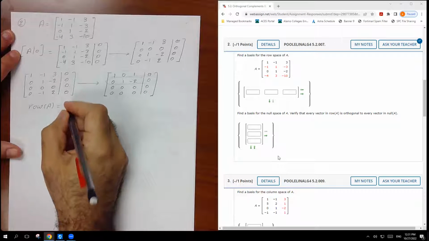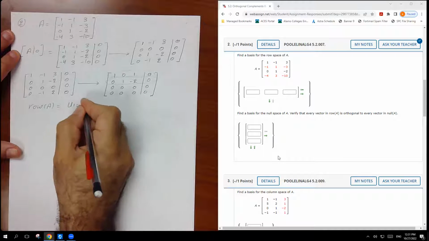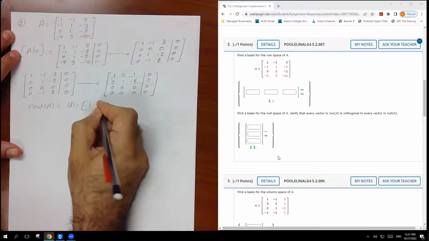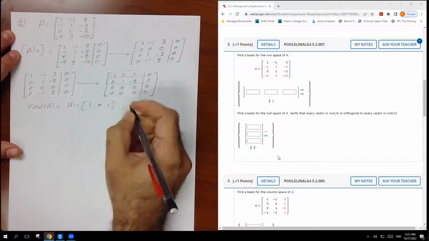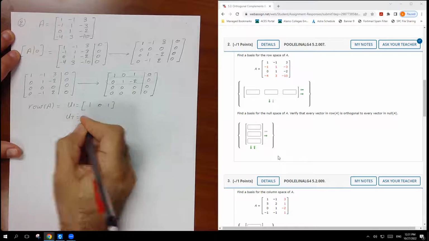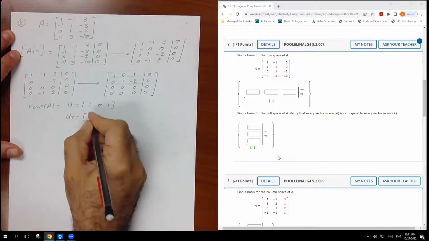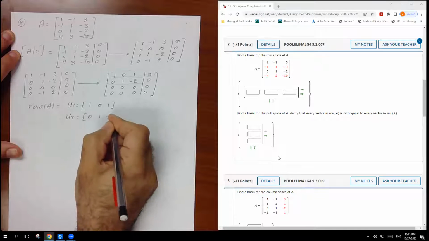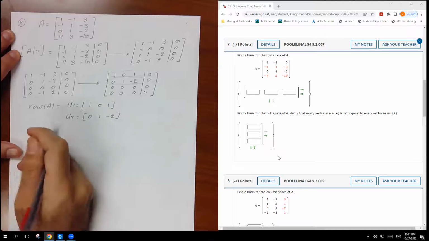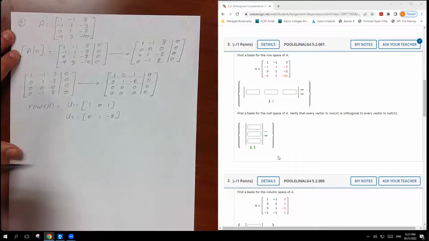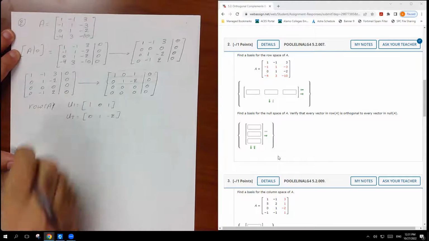So let U1 equal 1, 0, 1, and U2 equal 0, 1, -2. This is the basis for the row space of A.